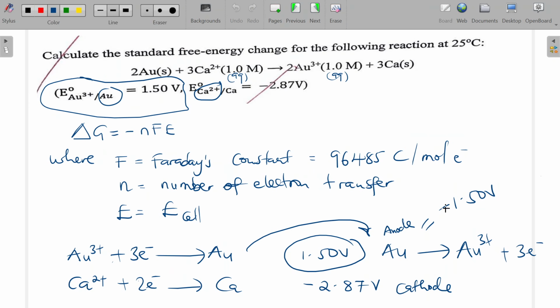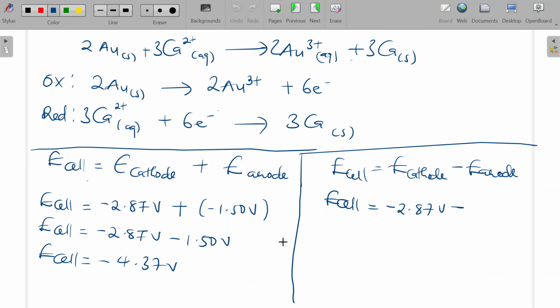Here you don't get the one you've changed to negative. You get the one which has not been changed, 1.50 volts, which was given in the question. That's when you use that formula. So I'll say minus 1.50 volts. As a result, it gives me the same answer, negative 4.37 volts. Are we together?